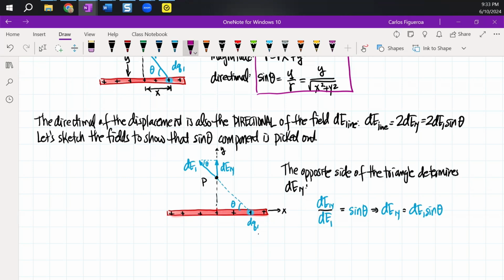So that tells me about the component. That sine of theta is the same thing as the directional that we calculated for the displacement.